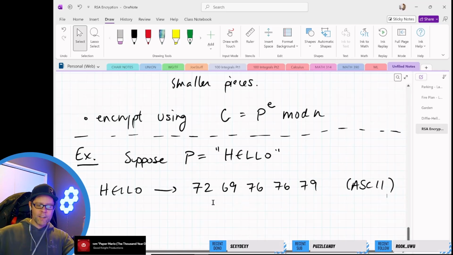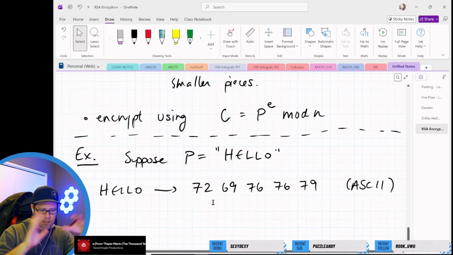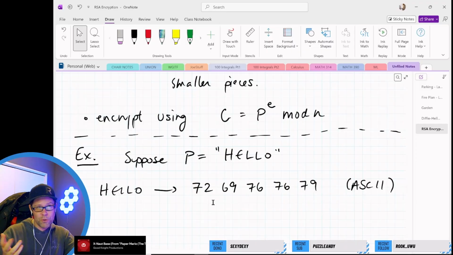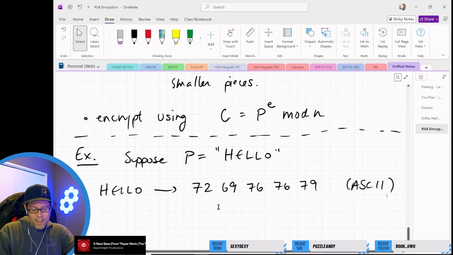If I were to combine all of these numbers together, I would get something that's larger than the mod that we're working with in our particular example, which was 3233, I think. So I've decided I'm going to break this up and go character by character.